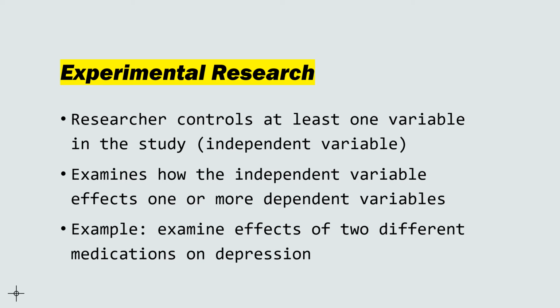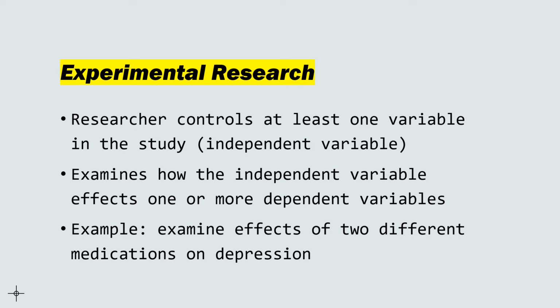I'm going to give that to half of my depression patients and the SSRI to the other half, and compare their depression symptoms to see if they get better. The medication they're getting is the independent variable, the thing I have control over. I decide which one they take. And the thing I'm measuring is their depression symptoms, whether they get better or not.